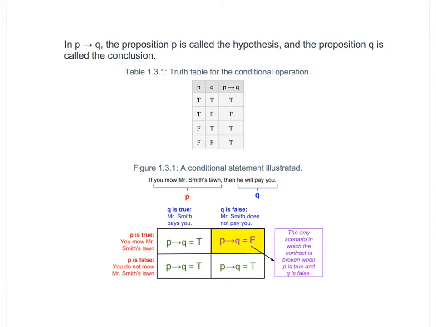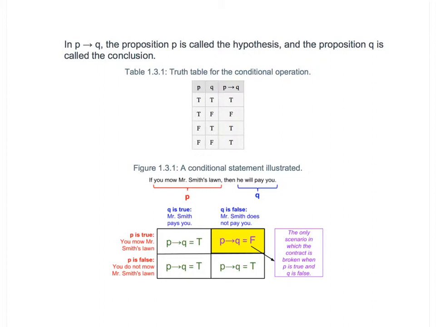In the last row, both hypothesis and conclusion are false, but still we have a true conditional statement. So you need to remember this: in the truth table of a conditional operation, all the rows are true except the second row, in which the hypothesis is true and the conclusion is false. Only there is the conditional statement false.